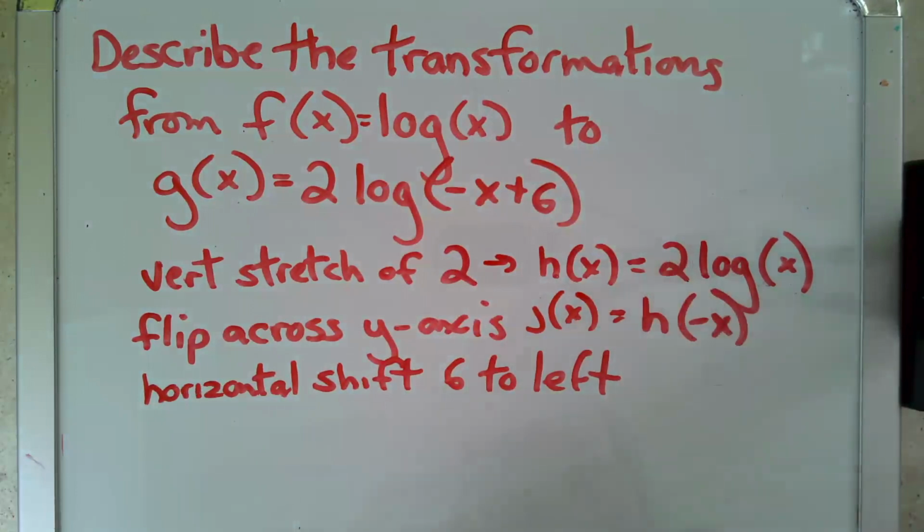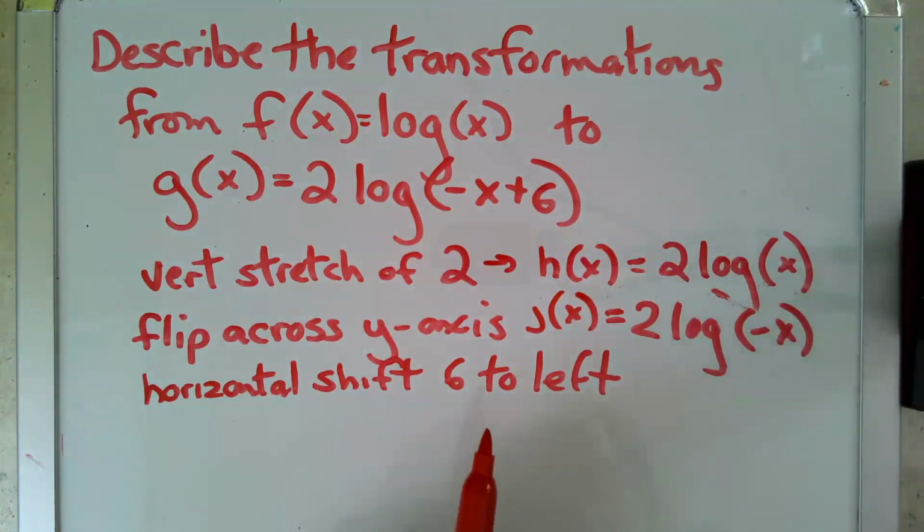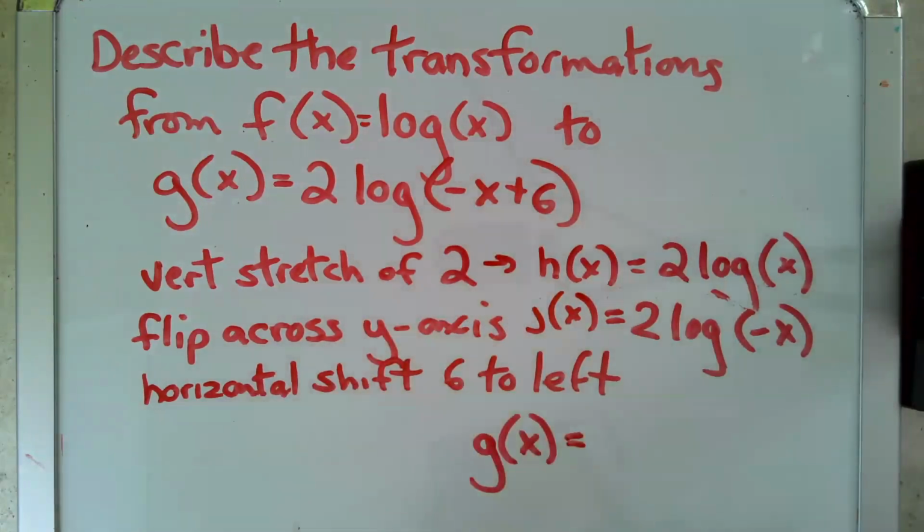So we take our h of x, and that would be 2 log of negative x. Now, finally, our g of x should be our j of x and then 6 to the left. So that means plus 6. J of x plus 6.